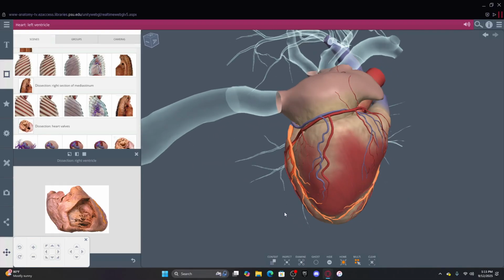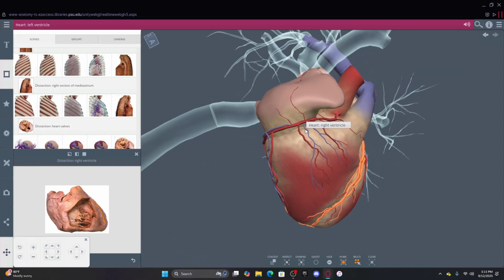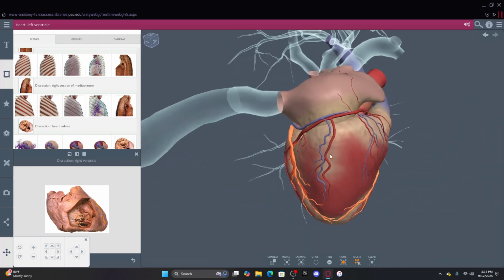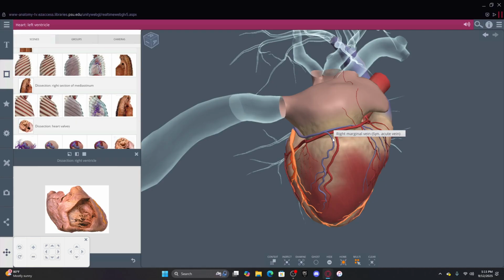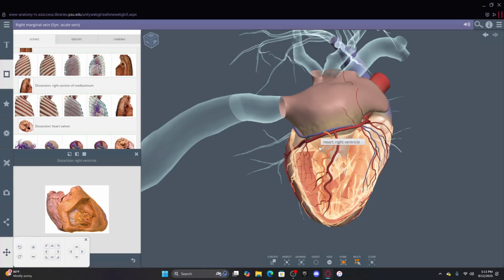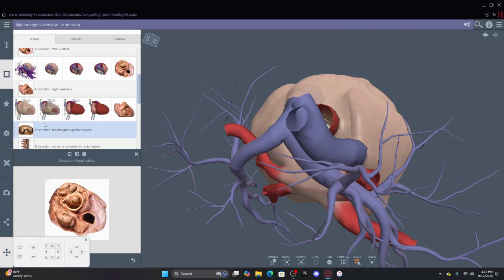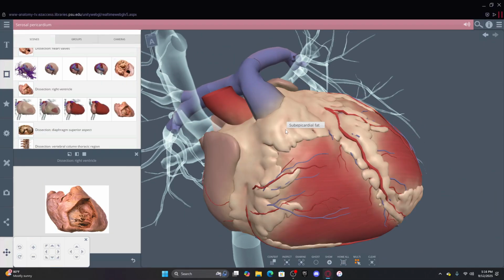Also I want to show you the small cardiac vein as well. It's usually running alongside right here. Again, this is one of those terms that has a different name. Let me get back here. Okay.